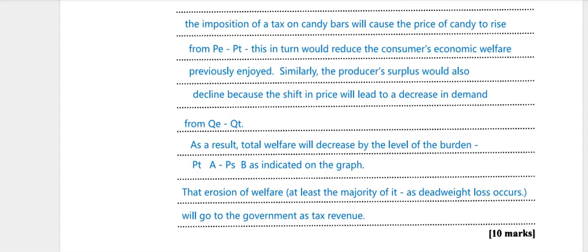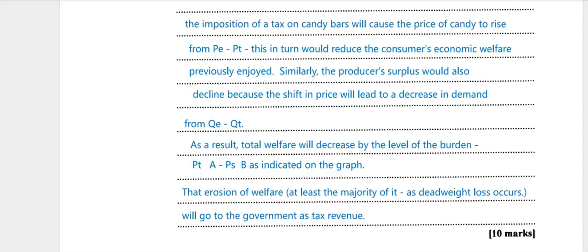Good. So the imposition of a tax on the candy bar will cause the price of candy to rise from PE to PT. And this in turn will reduce the consumer's economic welfare that they previously enjoyed. Similarly, the producer's surplus would also decline because the shift in price will lead to a decrease in demand from QE to QT, which means obviously that you've reduced their profits.